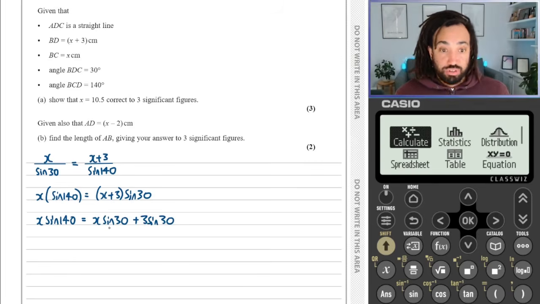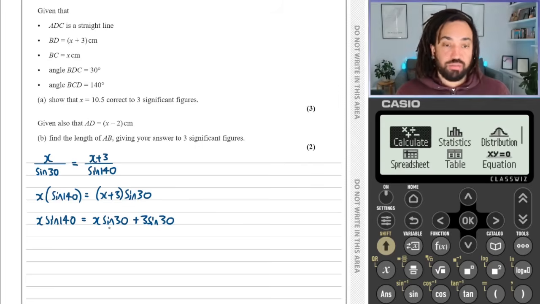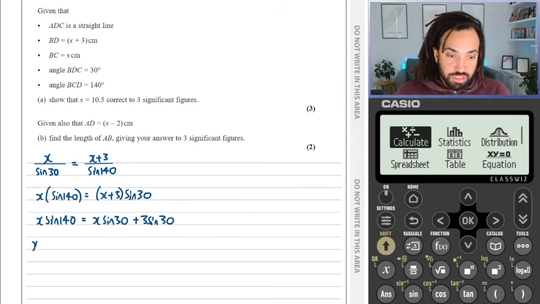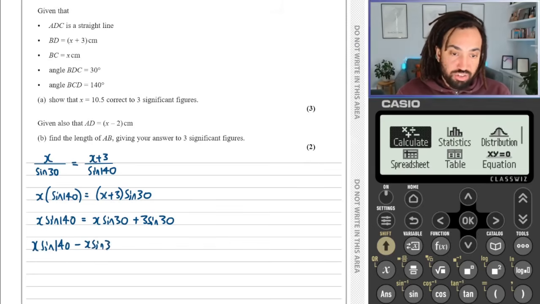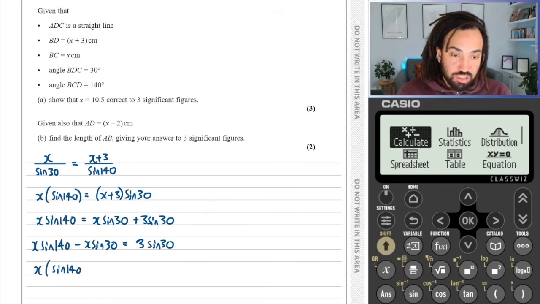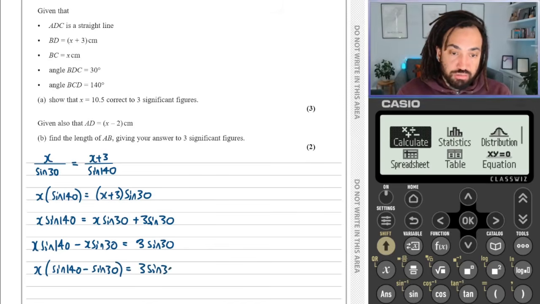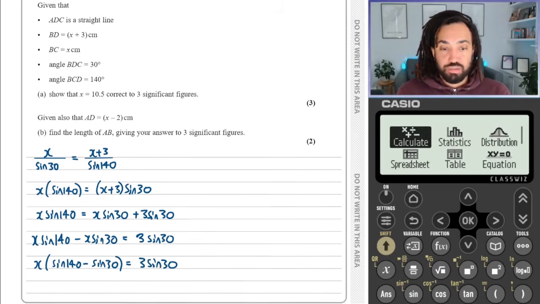Now we've got two x's here, so let's move them to the same side. So x sine 140 minus x sine 30 is equal to 3 sine 30. That allows us to factorise here, like so, and then we can divide by that factor.